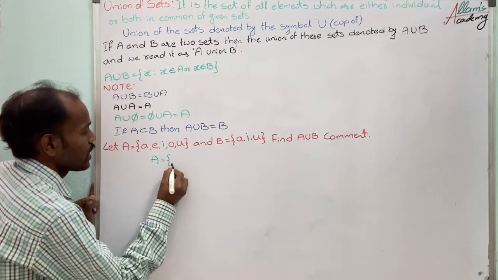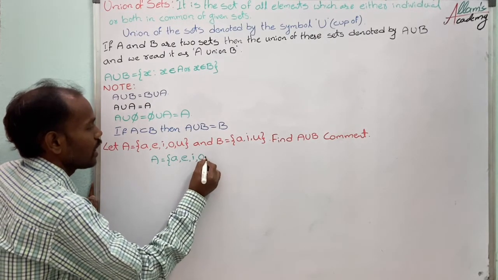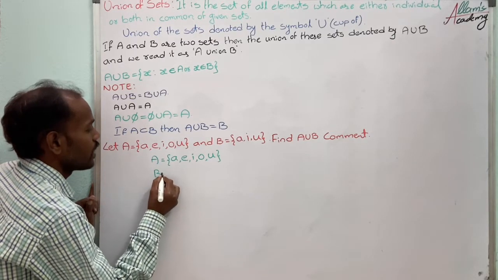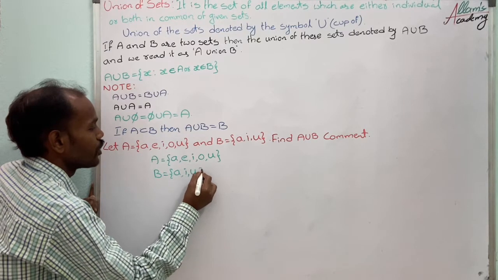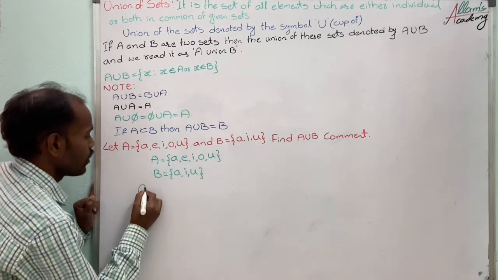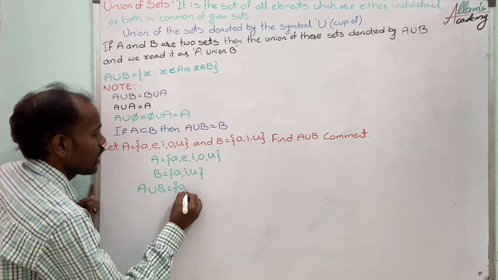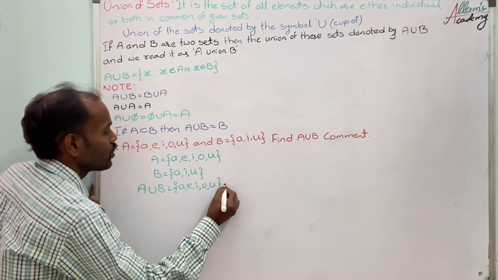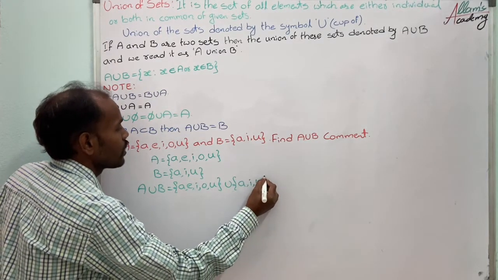We write the set A equal to {A, E, I, O, U}, and the set B contains the elements A, I, U. Now A union B equal to {A, E, I, O, U} union {A, I, U}.